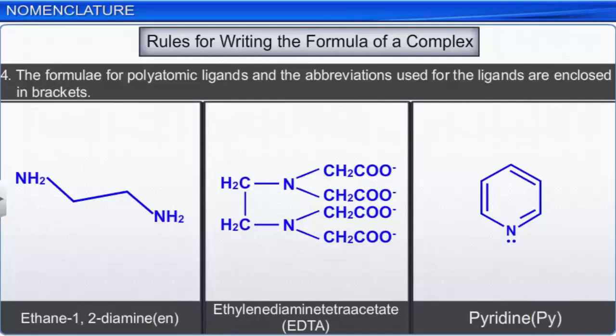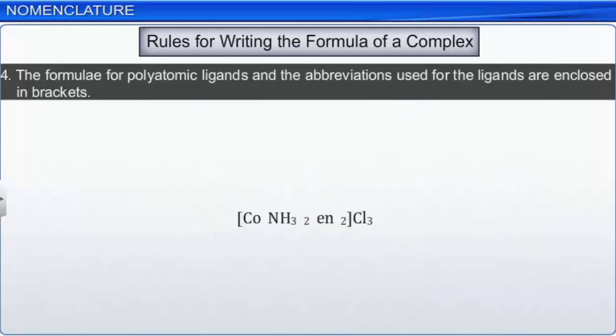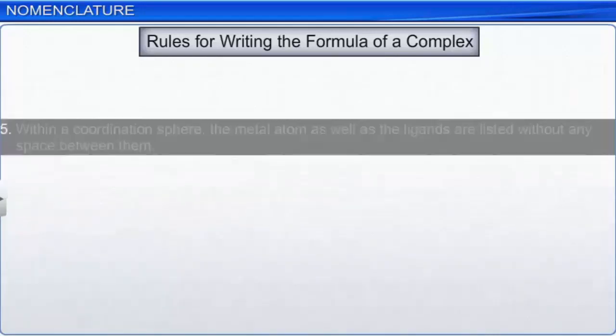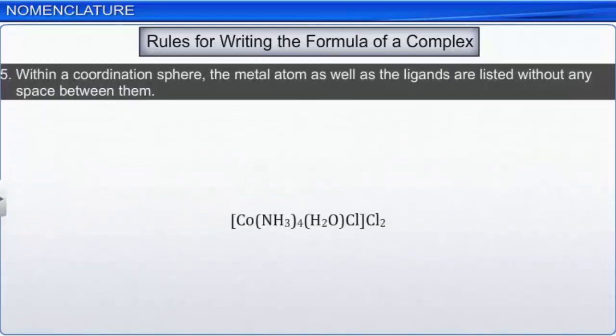In the given example, bis(ethane-1,2-diamine)cobalt(III) chloride is the name of the given complex. Here the cobalt complex is a cationic complex, whereas the Cl minus ion is an anion.